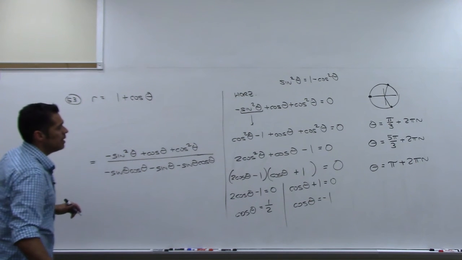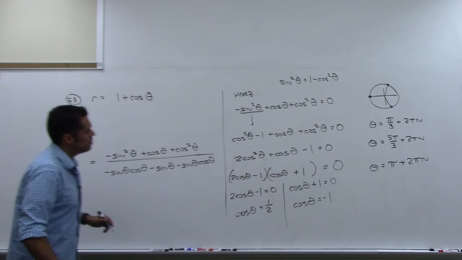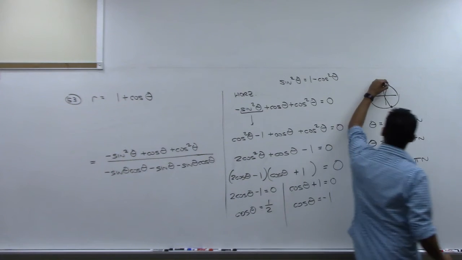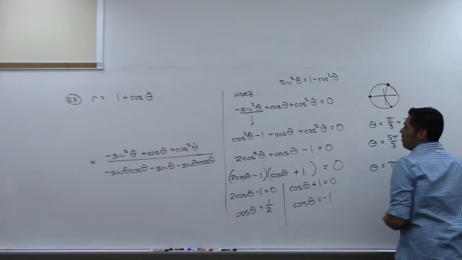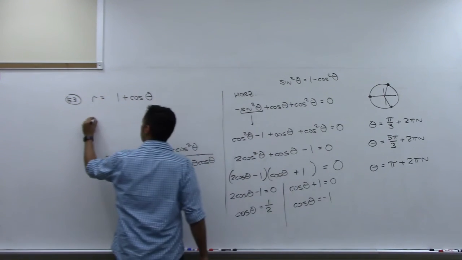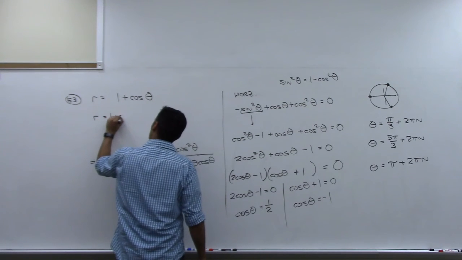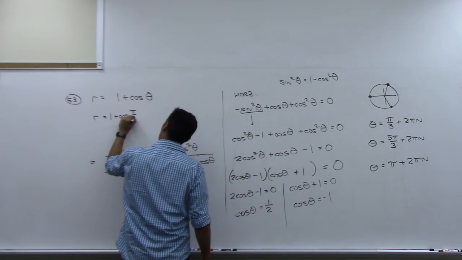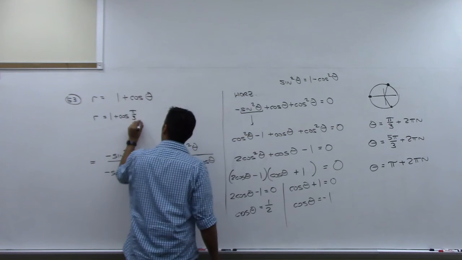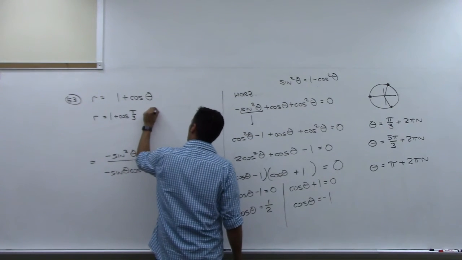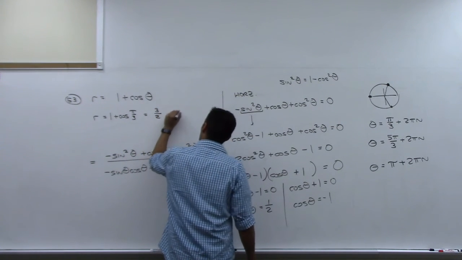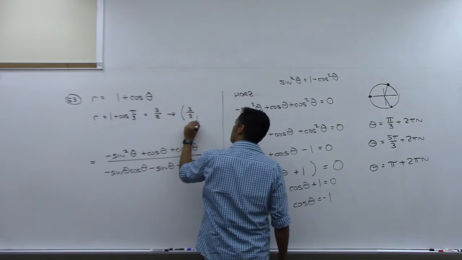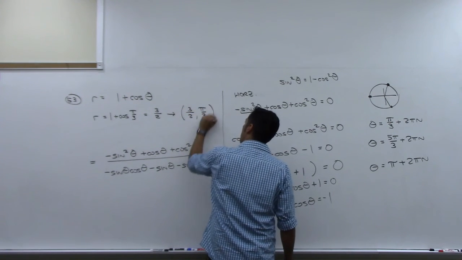So let's try plugging in, let's go pi over 3. So if I'm at pi over 3, that's right here, then what happens to this? So r becomes 1 plus cosine of pi over 3. Cosine of pi over 3 we said was a half. So this is 1 plus a half, that's 3 halves. So as a point, we're getting 3 halves for the radius and then pi over 3 for the angle.